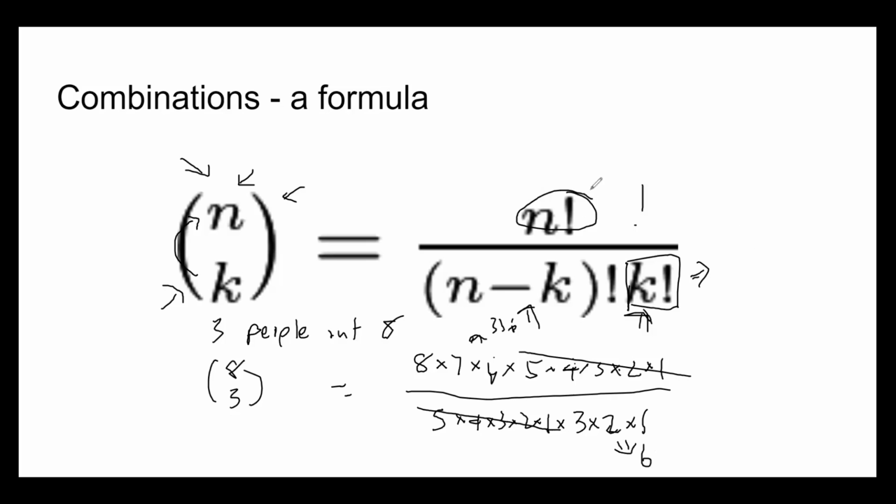This n factorial over n minus k factorial is just the number of permutations of k people out of n.